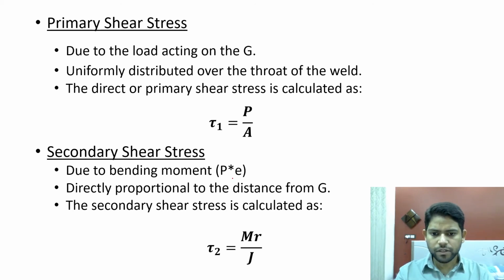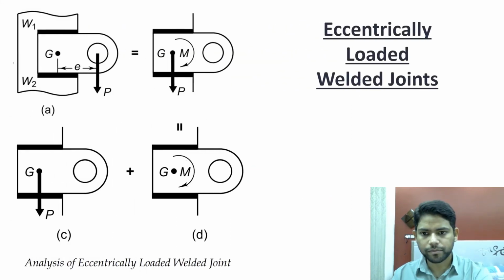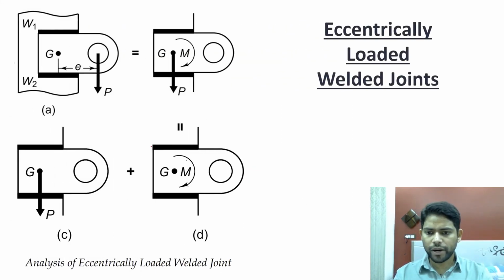Now the magnitude of this bending moment, as I explained earlier, is P cross E, where P is the magnitude of the load applied at the center of gravity and E is the eccentricity of the load. It is directly proportional to the distance from G. This means that suppose I have a point over here and a point over here.